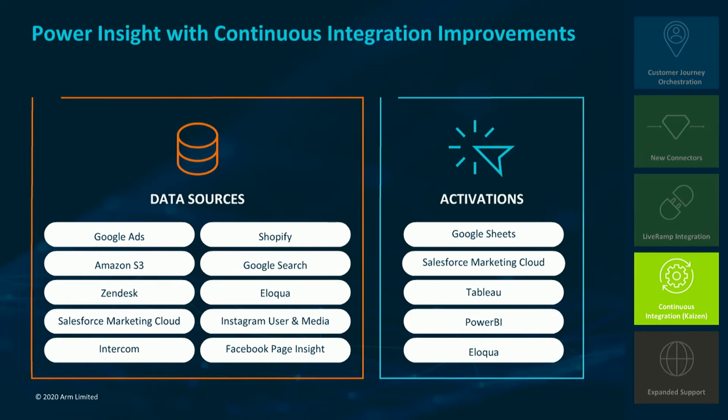We're constantly looking at these integrations and improving them every time. In the last couple of quarters, these are the data sources and activation integrations that we've been upgrading and improving, and we're continually doing that. And we have an entire development group that is dedicated to it.